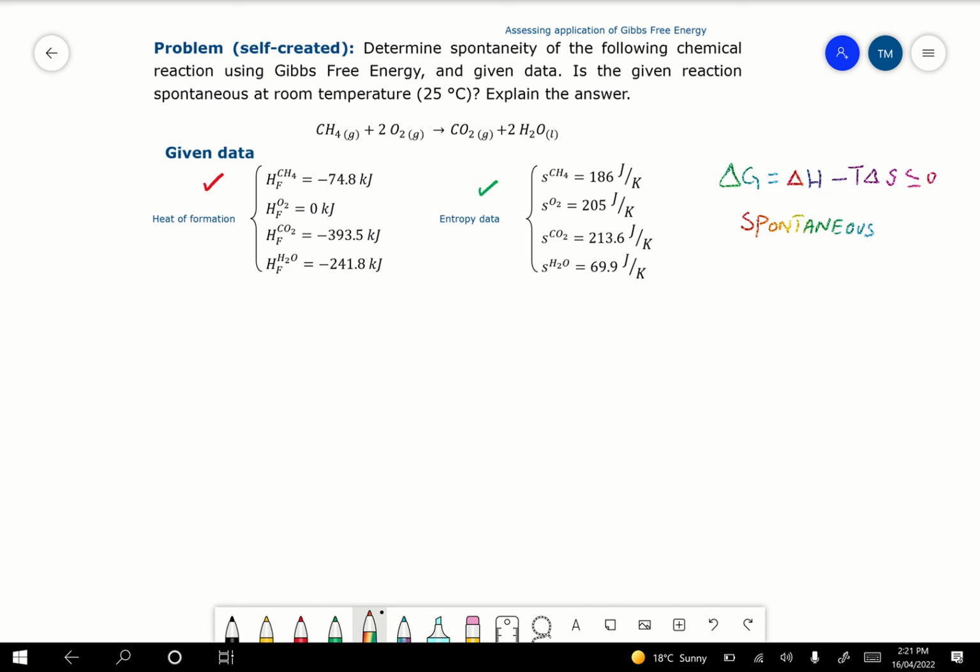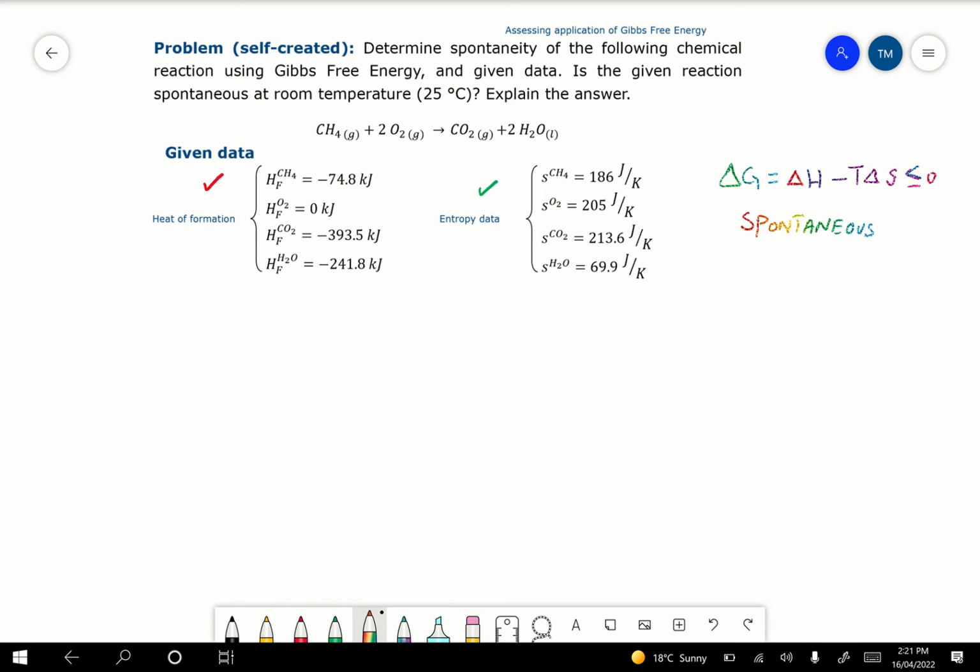If it's greater than 0, then it's non-spontaneous process. So this is the logic which we already know.